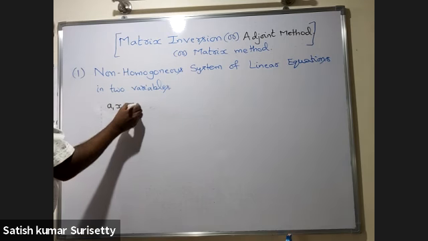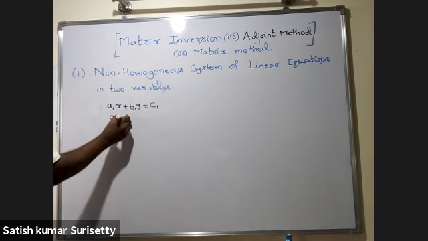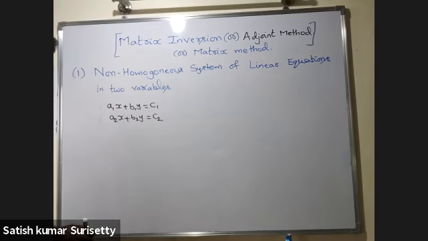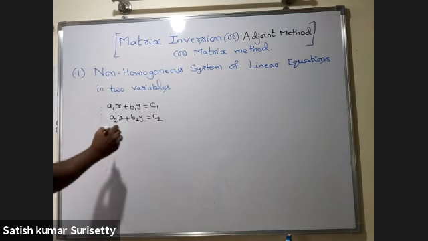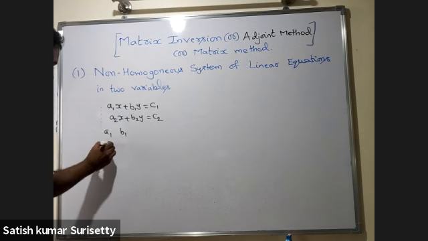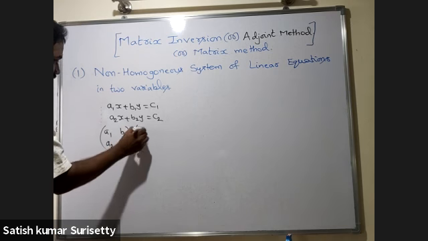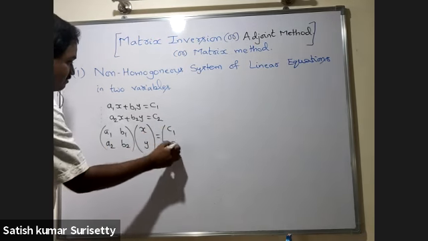A1x plus B1y equal to C1. A2x plus B2y equal to C2. The matrix equation is [A1, B1; A2, B2] times [X; Y] equal to [C1; C2].